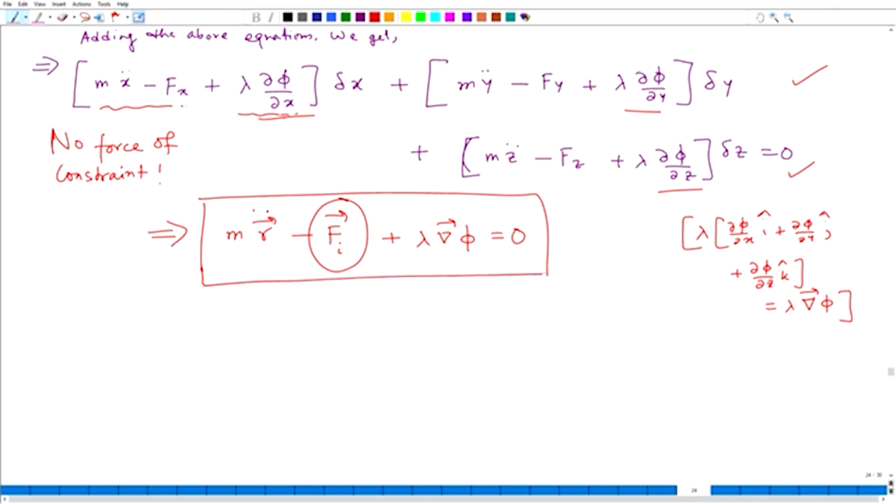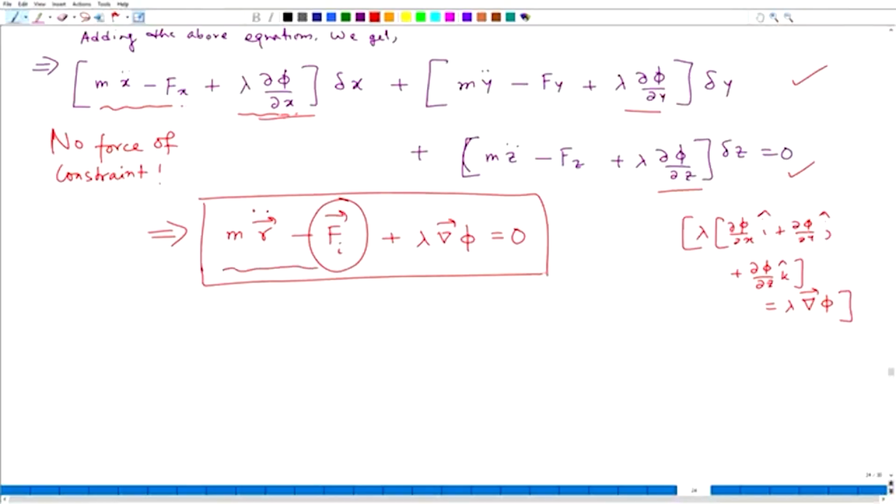So, this is actually not primarily very different from D'Alembert's principle. D'Alembert's principle said that I have these first two terms dot delta r is equal to 0, and then I again take separately the constraints, and from those constraints I try to find a form where something dot delta r is also 0, and then I do the same thing here.